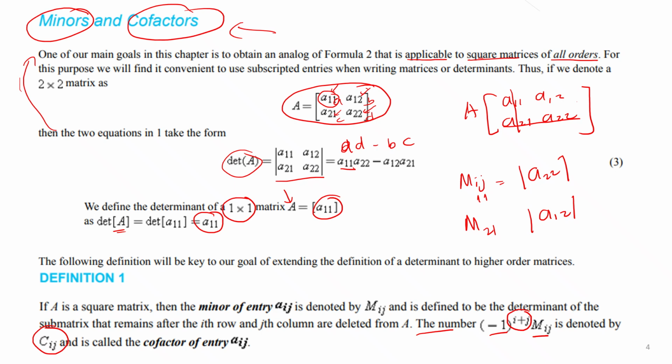So if you are asked what is the cofactor C11, you have minus 1 to the power of 1 plus 1, so minus 1 squared, multiplied by the M11 that you have earlier. Okay, so next.